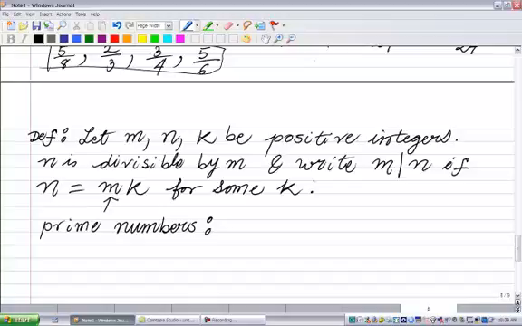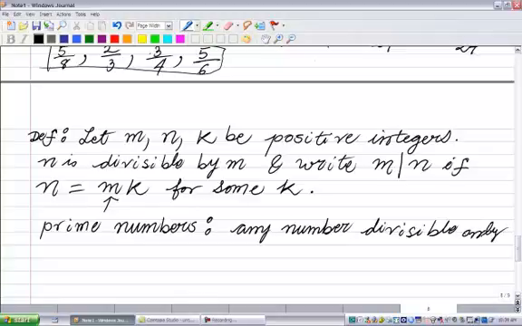So let me just say it this way: any number divisible only by itself or 1 is a prime.